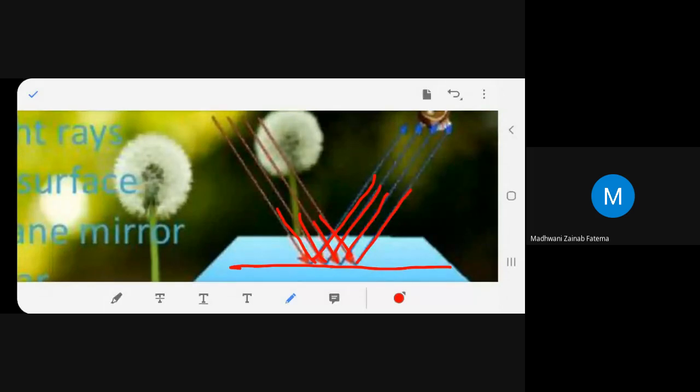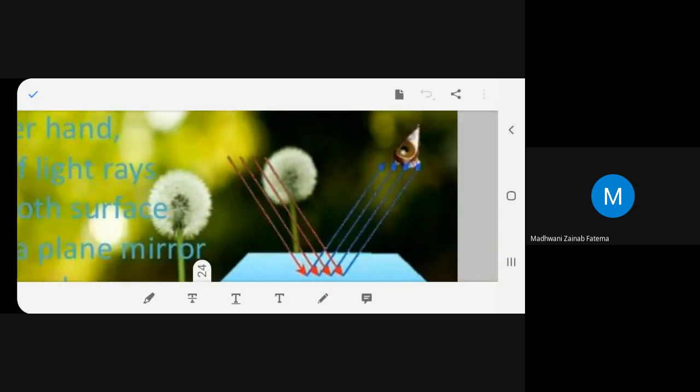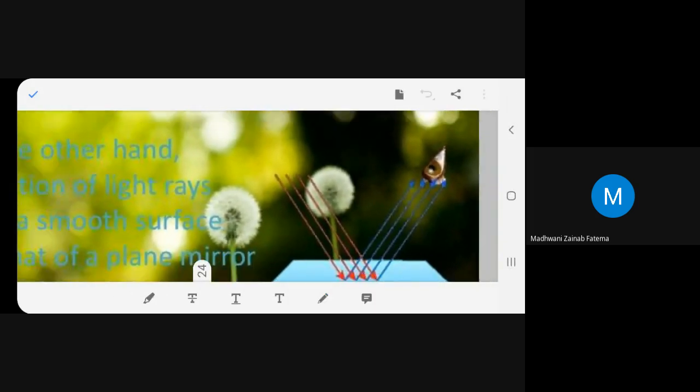If it does not get reflected, that means I am blind. You get the point? Yes, ma'am. All of you understood that? Reflection is a must for us to see.